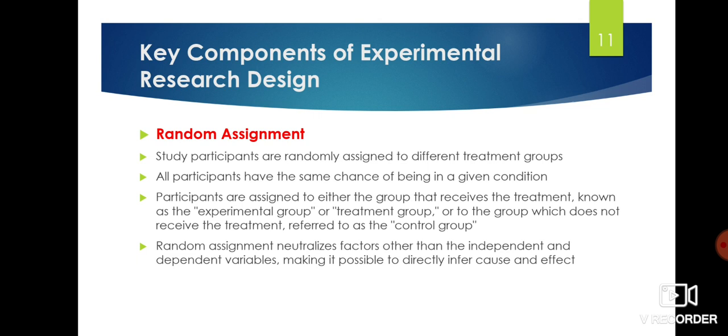Study participants are randomly assigned to different treatment groups. I remember discussing with you class yung difference ng sampling technique at saka ng random assignment. Tandaan po natin na ang sampling technique is ginagawa natin kapag kukuha po tayo ng ating mga respondents. But for example, nakuha na natin yung tamang bilang ng mga respondents natin and we're doing an experimental study.